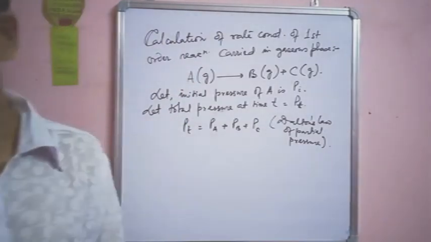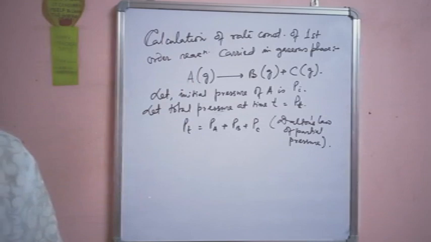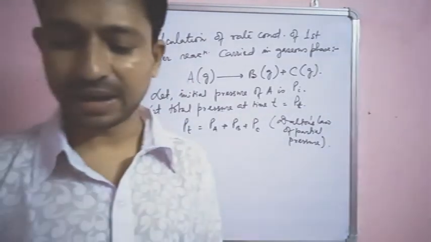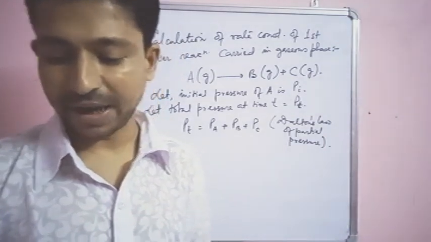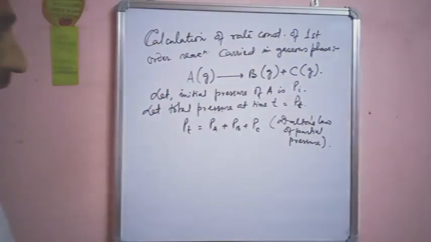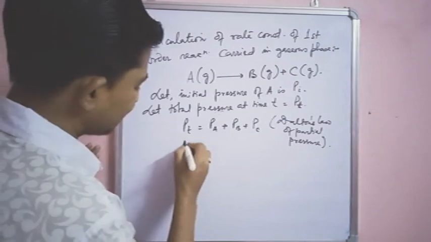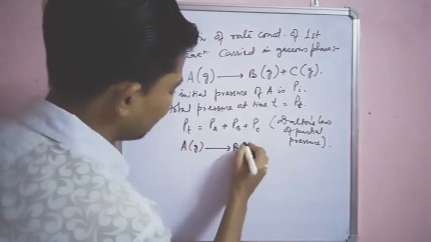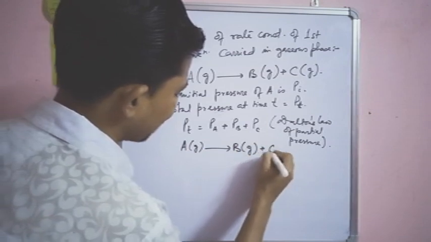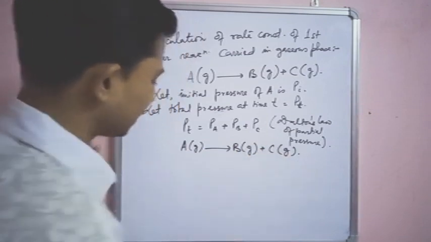So let us suppose that x atm is the decrease in pressure of A at time t. This is A in gaseous phase, it is going to B in gaseous phase and C, which is also in gaseous phase.